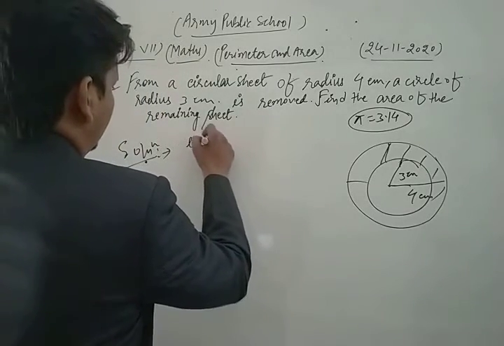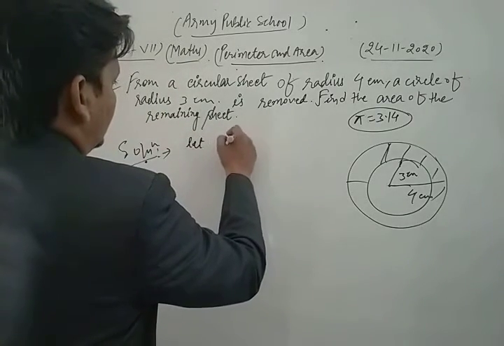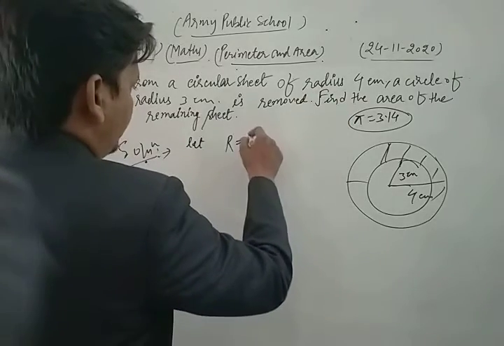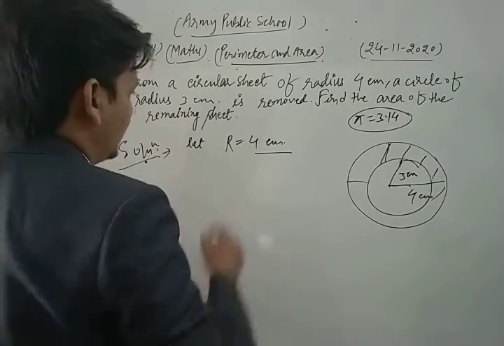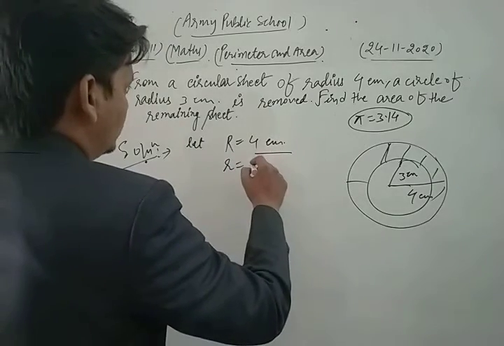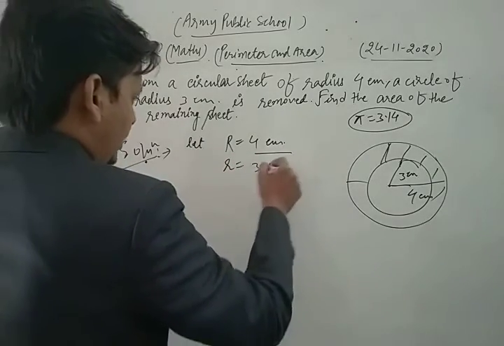Let capital R, the radius of the bigger sheet, be 4 centimeter and small r equal to 3 centimeter. Okay.